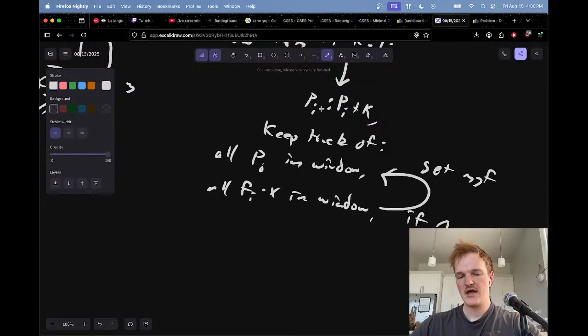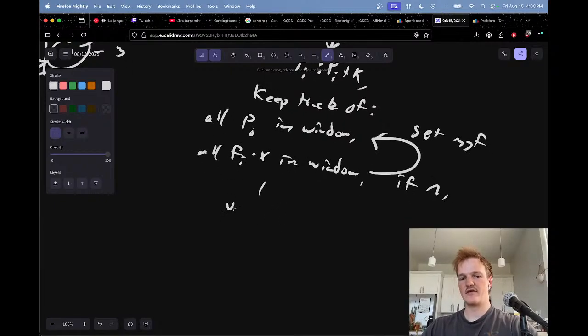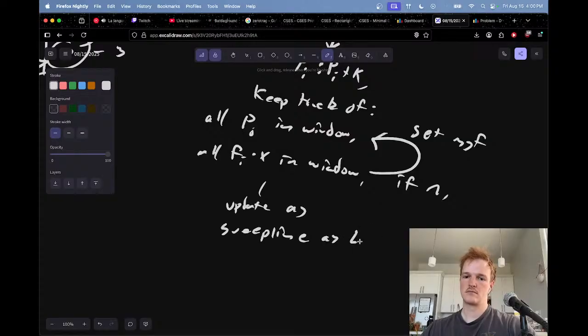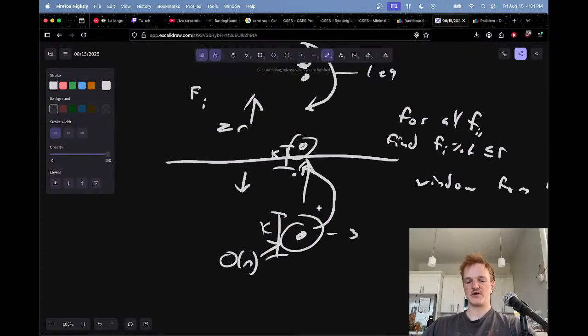And then you would update these as L and R reach thresholds.